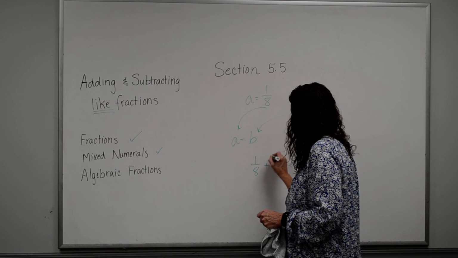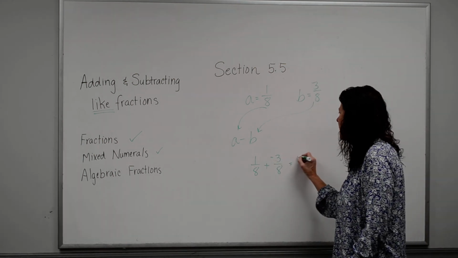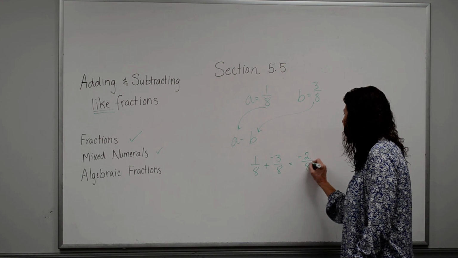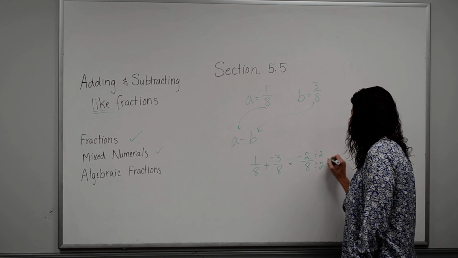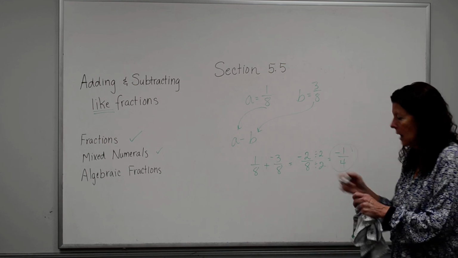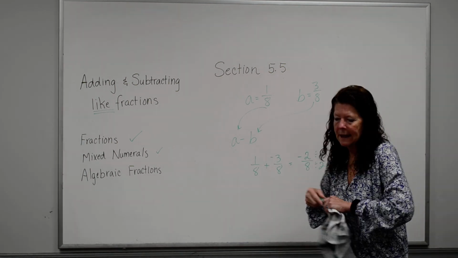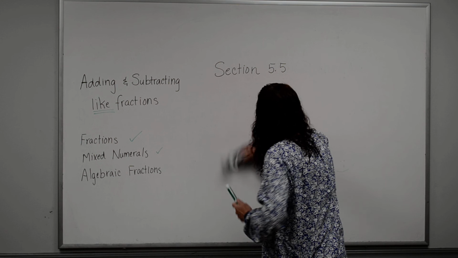I'm going to add the opposite of the second number, so I have a -3 plus 1, which gives me a -2/8, which I can divide the top and the bottom by 2 here, which gives me a -1/4. Okay, you might see a few like that. Those are just the evaluation ones. You've been doing those for a while.